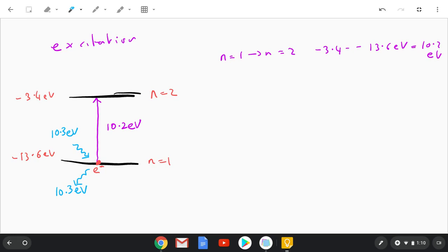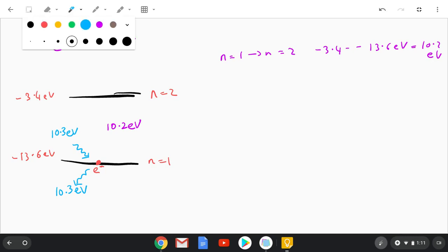So the incoming photon will give 10.2 to the electron, and the electron will jump off, and the remaining energy that the photon has is 0.1, and off it'll go. Unfortunately, that does not happen either, and the electron stays exactly where it is.